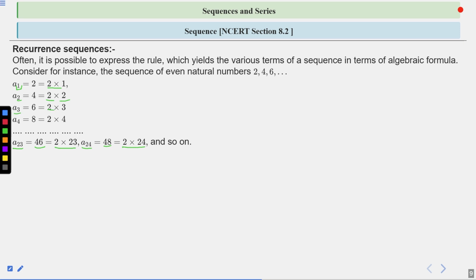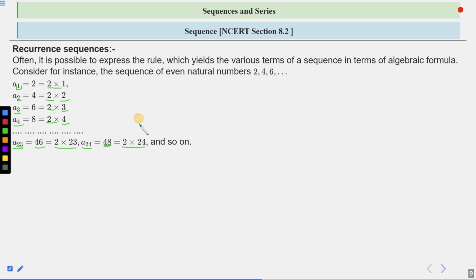Third term, twice of 3. Fourth term, twice of 4. And using this information, we can easily conclude that A23 is simply twice of 23. A24 is twice of 24, which is 48, and so on.